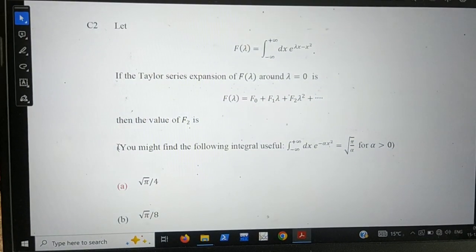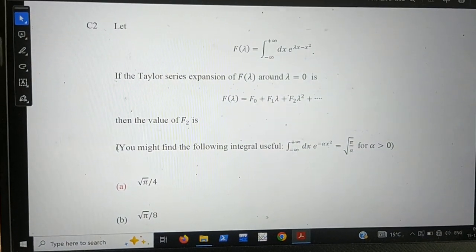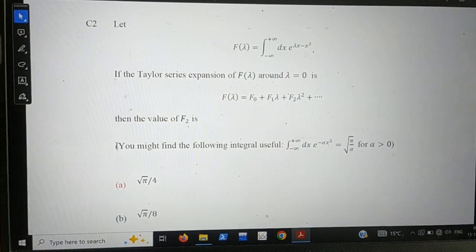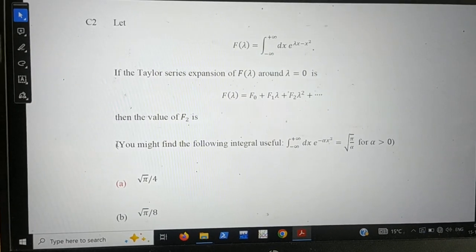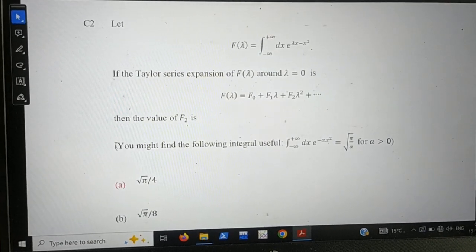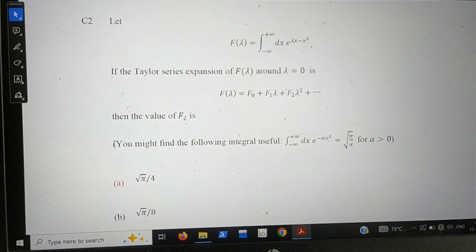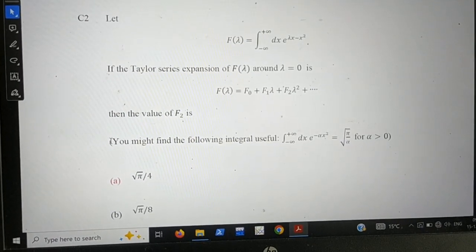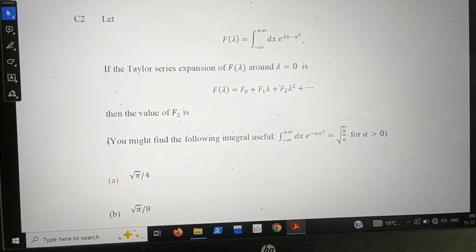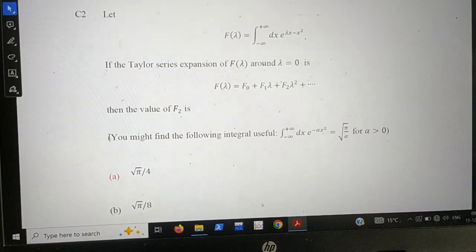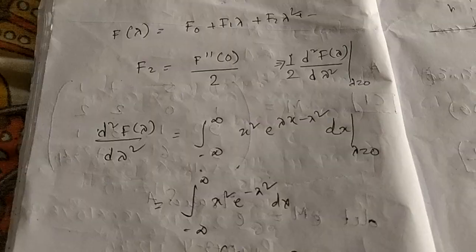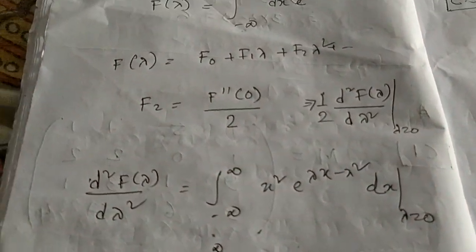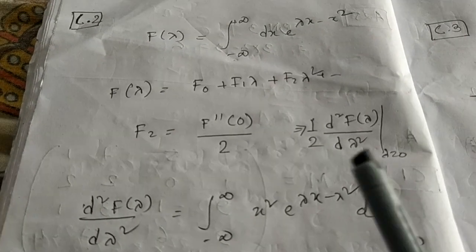Question number 2. This is the question. You are given a function of lambda, which can be expanded around lambda equal to 0 in this form. You need to calculate the value of f2. Now f2, from Taylor expansion we know, is f double dash 0 by 2.